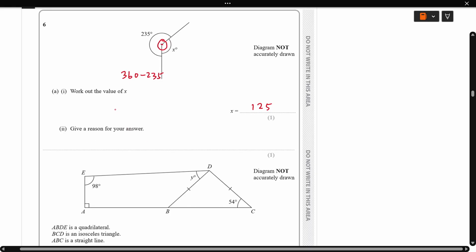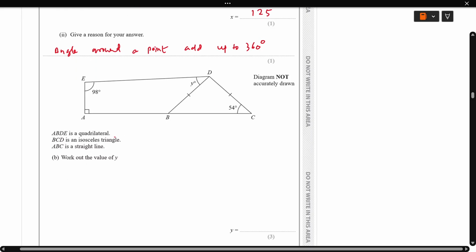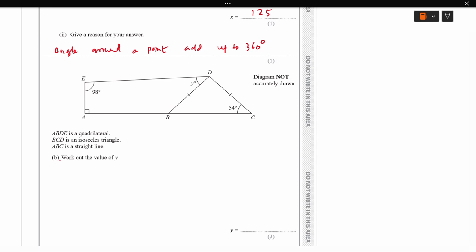Yeah, the angles around a point add up to 360 degrees.